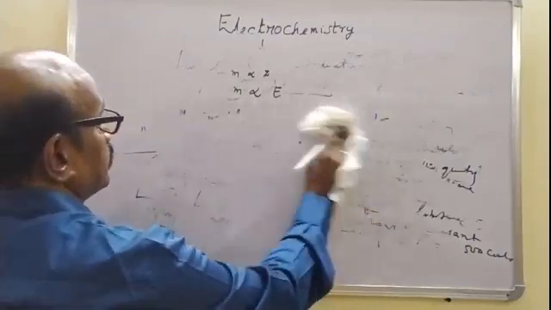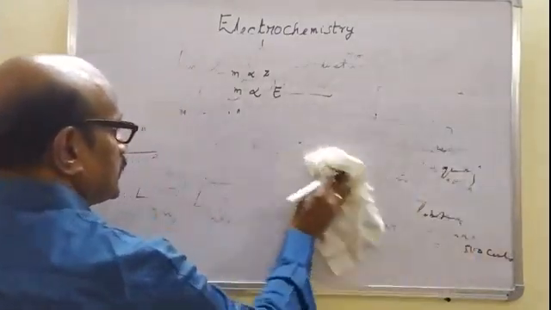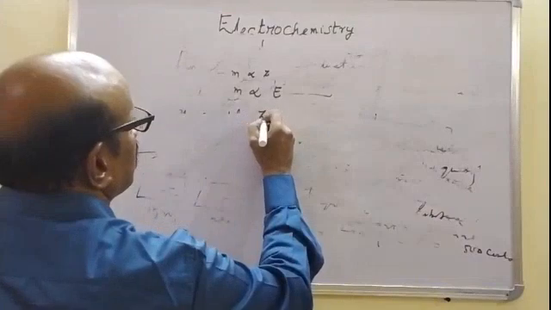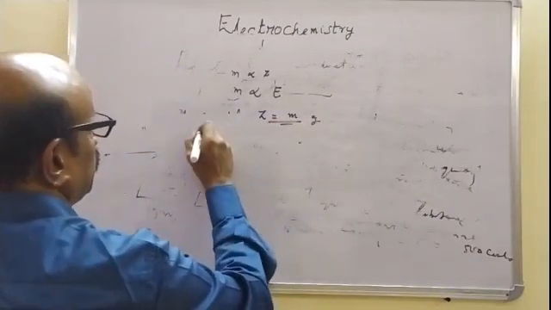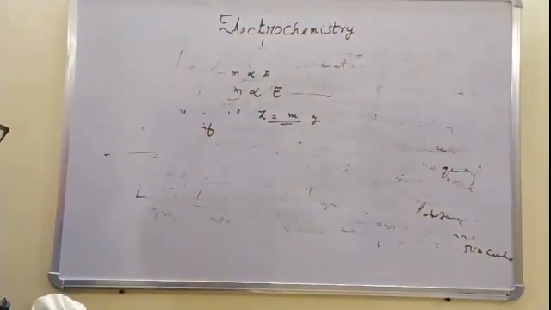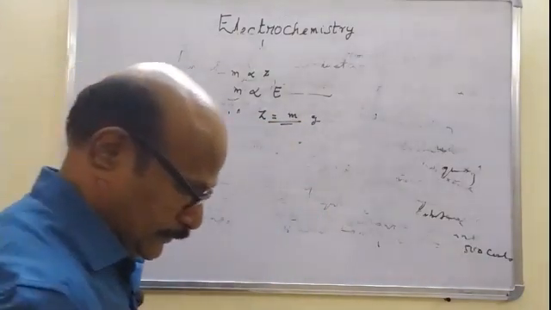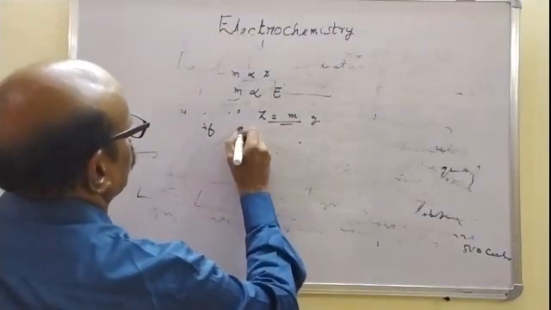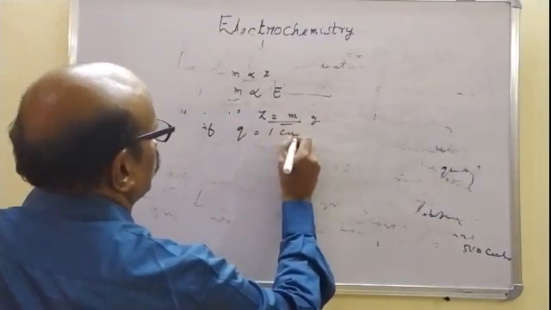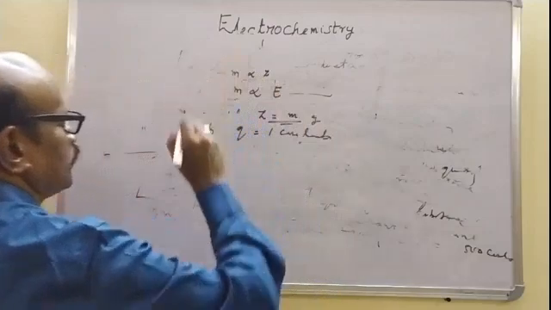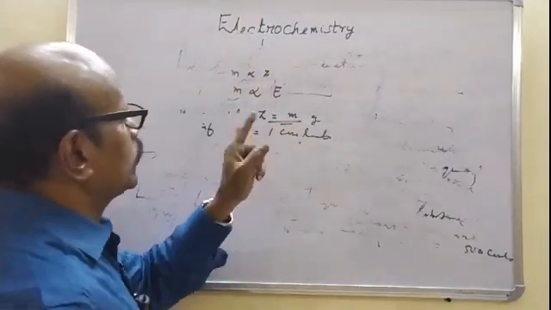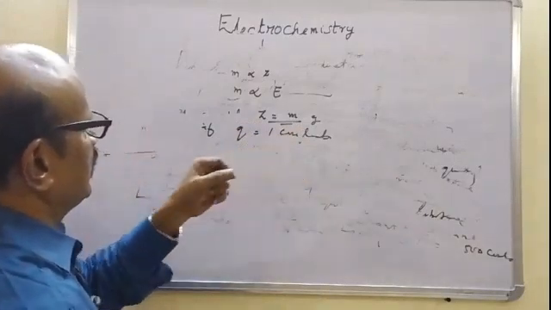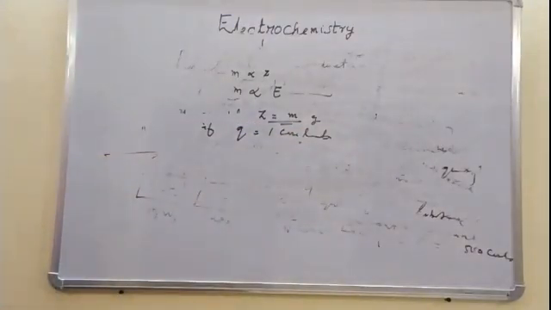What is the first law? That is Z. Suppose Z is equal to M, so much gram, if Q is equal to 1 coulomb. So if 1 coulomb of electricity is passed, how much gram is produced?